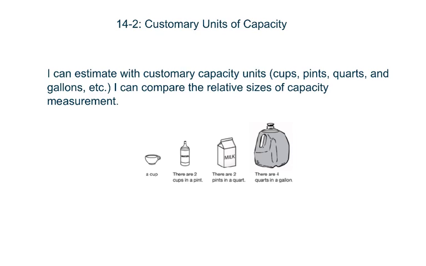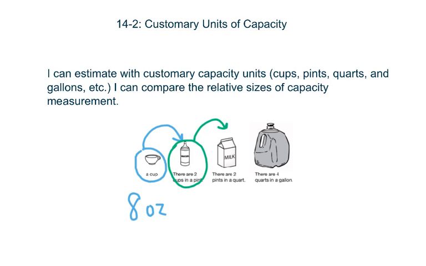Here's the picture that you'll find in your reteaching page. A cup often has 8 ounces in it. So we would start with 8 ounces. If I had 2 cups, they would fit in a pint. Then 2 pints would fit inside a quart.